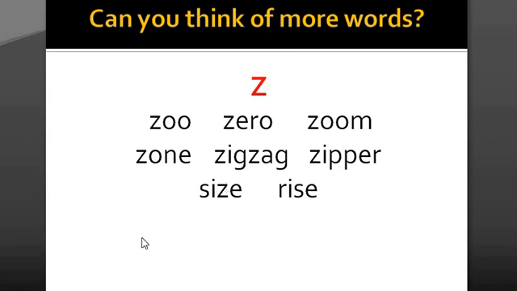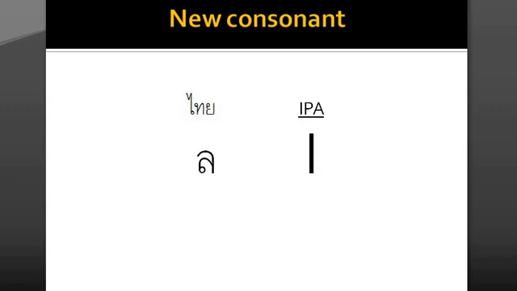We'll learn more about that later. Now I want to finish with the alveolar sounds. So we said that the alveolar ridge, we use it to pronounce many consonants in Thai language and also in English. There is one more alveolar consonant, and the good news is you already know how to pronounce it.